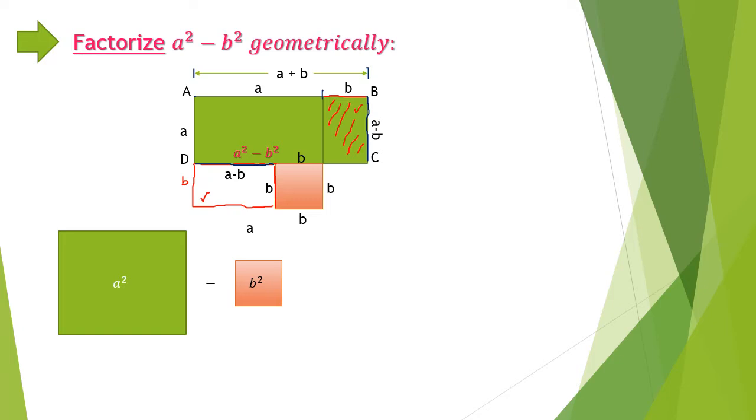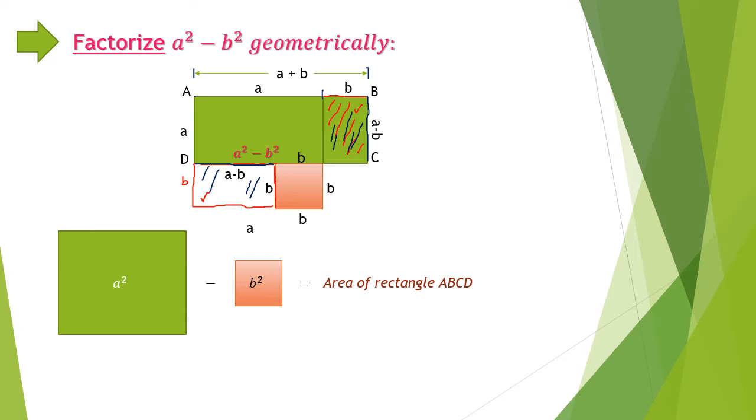Now a square minus b square will be equal to the area of rectangle ABCD, because this part is taken out from here and pasted right here. It's the same a square minus b square part.